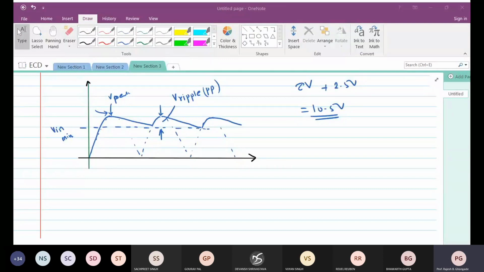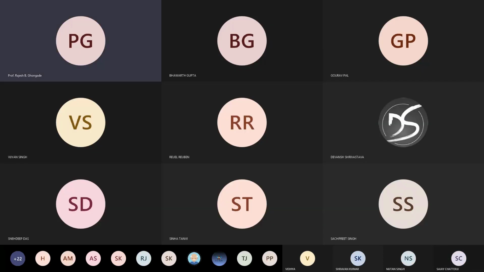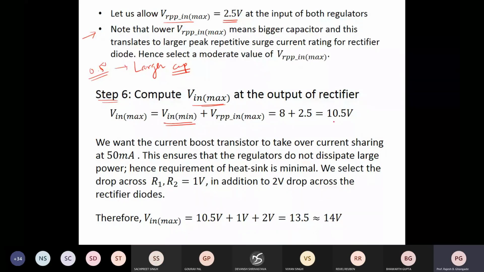Okay, let me switch back to our presentation. That is it. As I said, it is going to be 10.5 volts. So this is going to be the maximum input voltage. Now we want the current boost transistor to take current sharing.